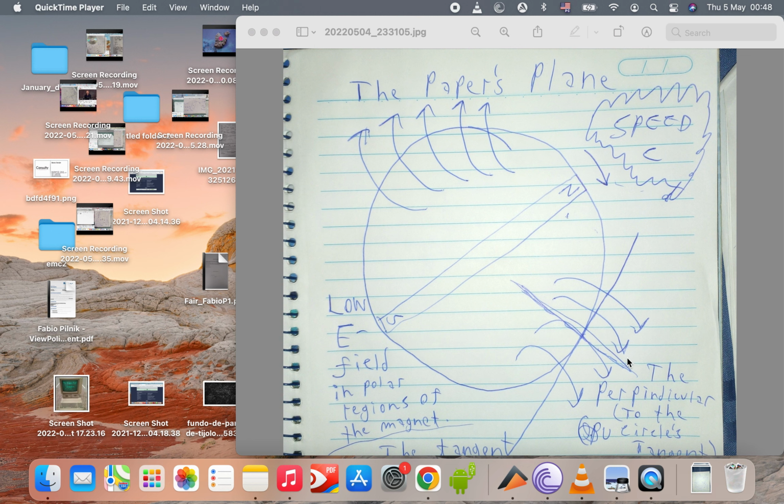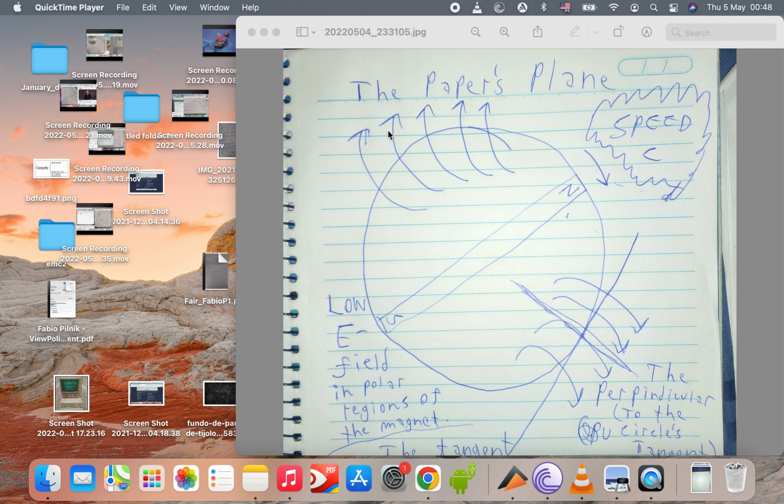And we complete, in our imagination, we're trying to imagine a three-dimensional structure here. So we complete it by, well, first noticing that on the poles, there's going to be a low electric field in the polar regions of the magnet. So we don't expect the electric field to appear here, and we don't expect the electric field to appear here.